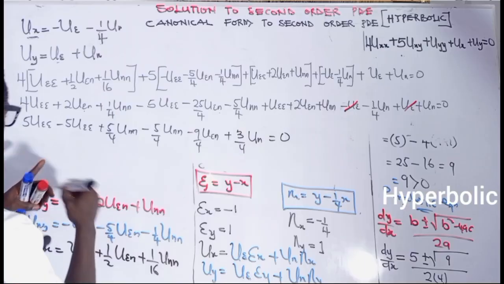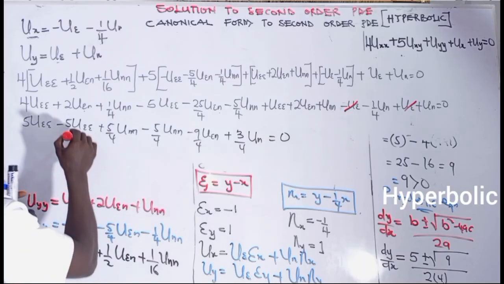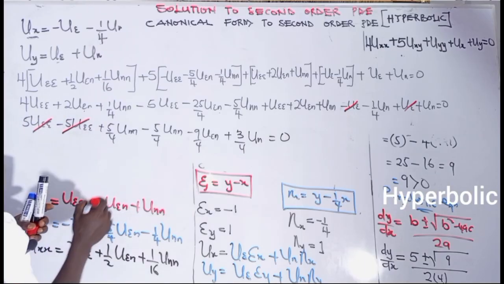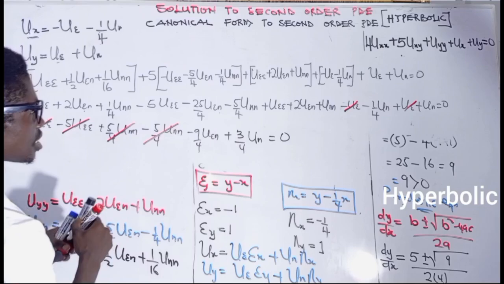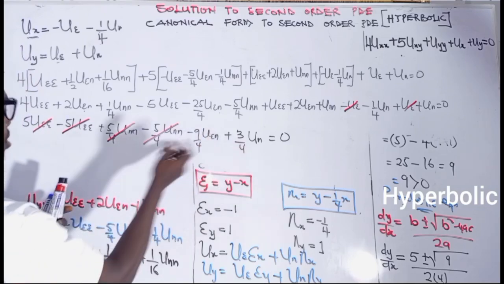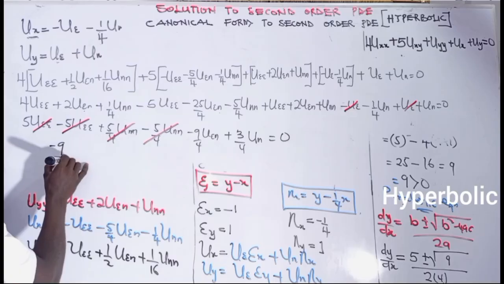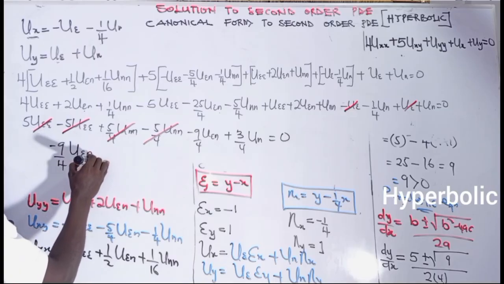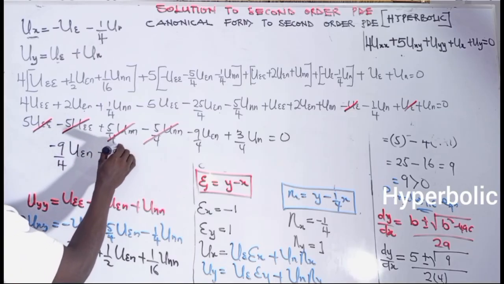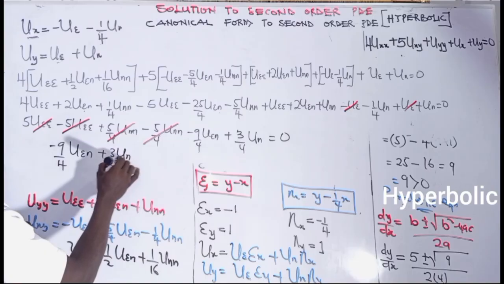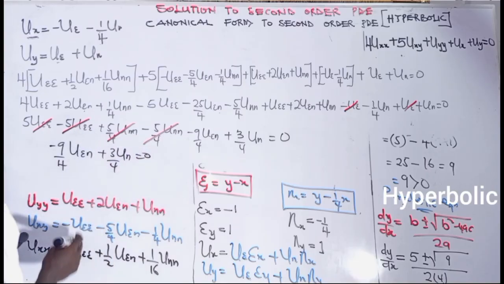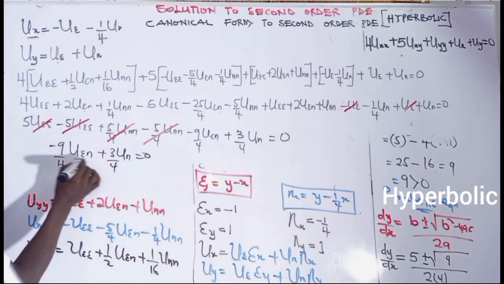Good. So you can see that this will cancel this. This will cancel this. So we are left with this simple equation, which is minus 9 over 4 u_xi_eta plus 3 over 4 u_eta is equal to 0. We are looking for u_xi_eta.